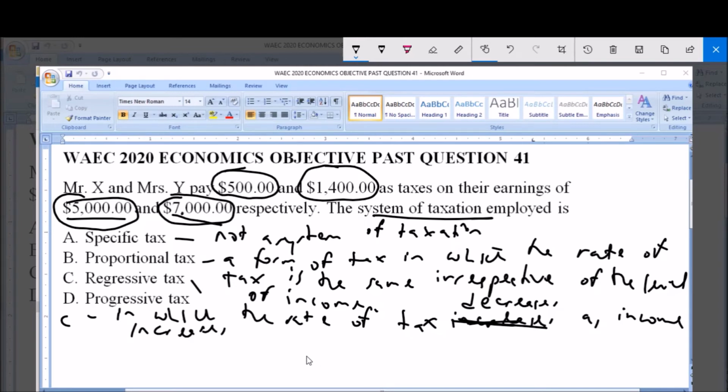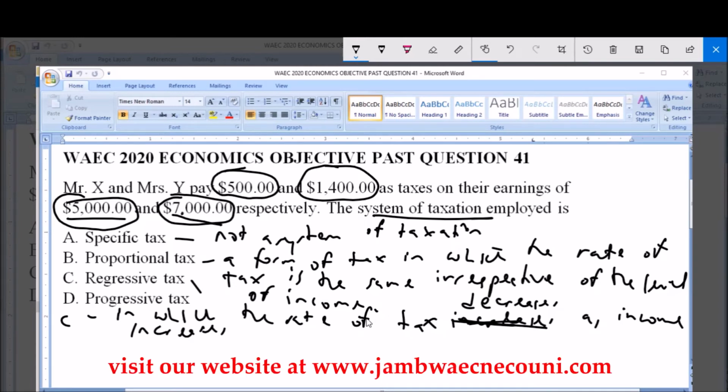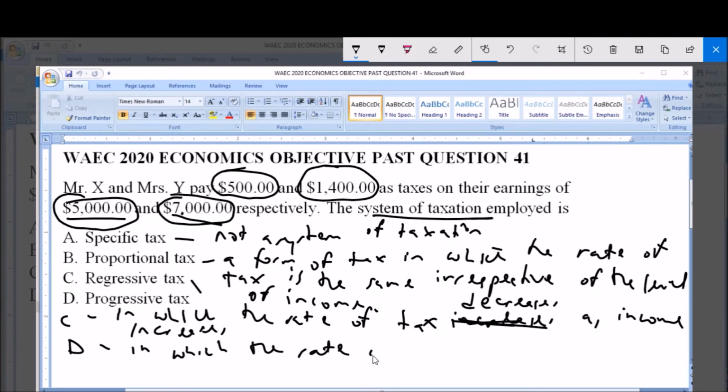So as the person's income increases, the rate of tax which they pay decreases. And option D, progressive tax, is a system in which the rate of tax increases as income increases.